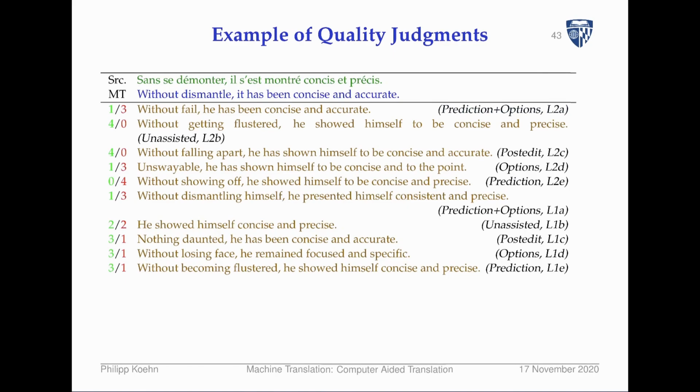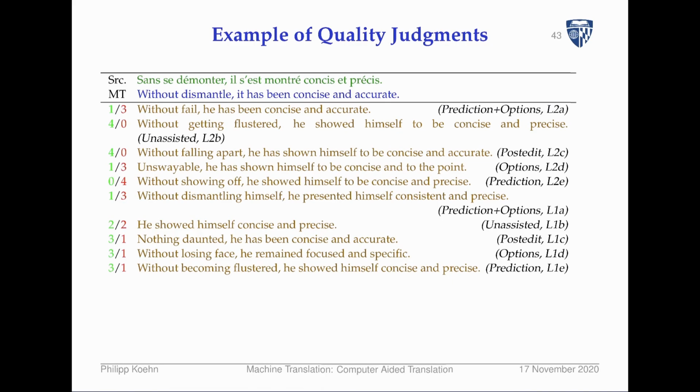In this user study, we're also going to talk about quality. I just want to give you some examples of quality judgments which highlight a lot of things. And this is one of my favorite slides. It first of all highlights that different translators come up with different translations. That's not total news.